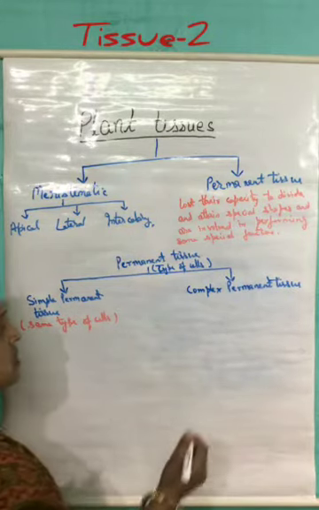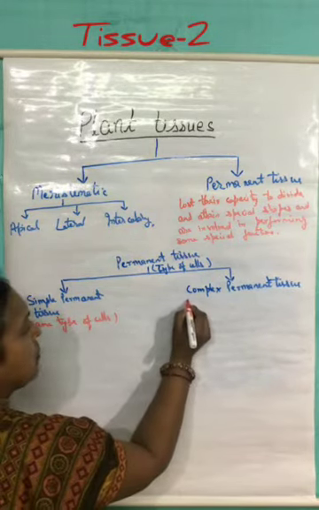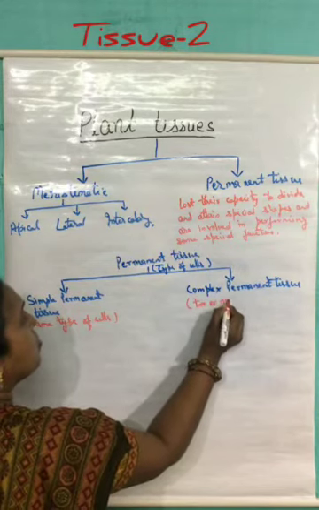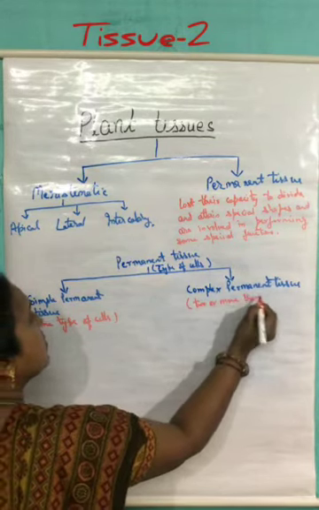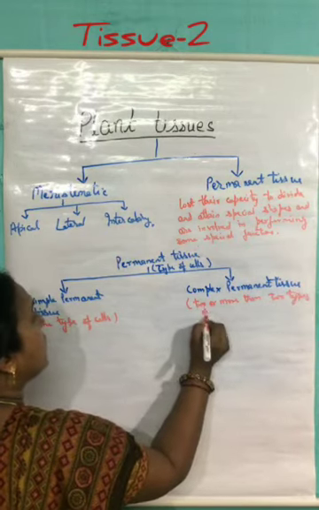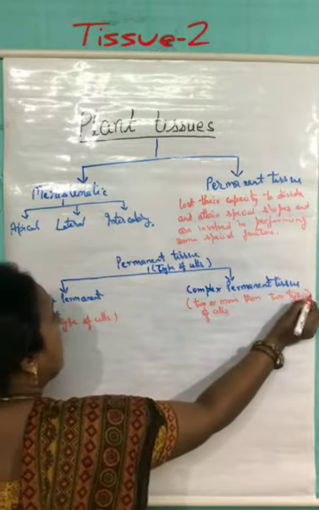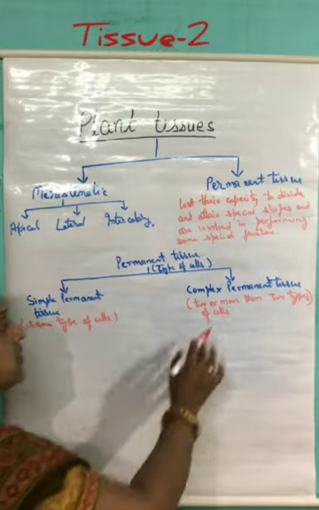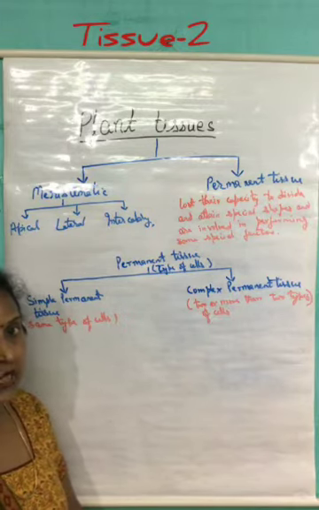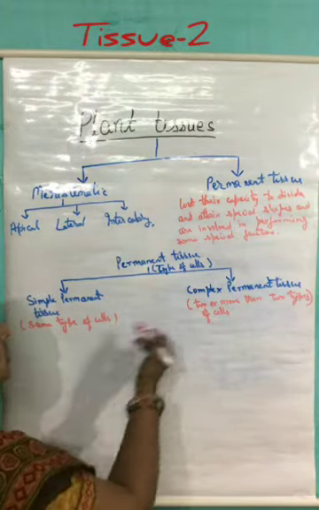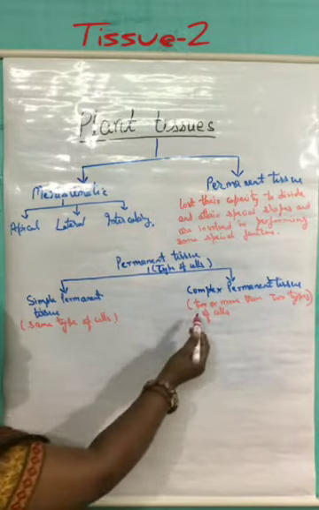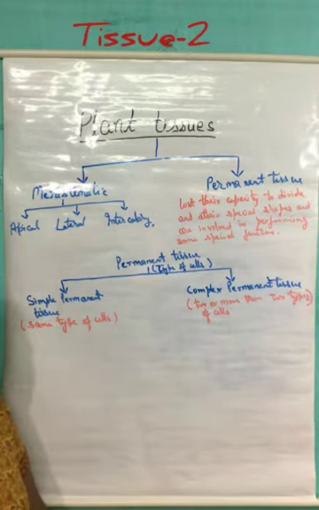Complex permanent tissues are those tissues which are made up of two or more than two types of cells. That means here in this type of permanent tissue, all the cells are not of the same type. So these are the two types of the permanent tissue. The first one is simple permanent and the second one is complex permanent.